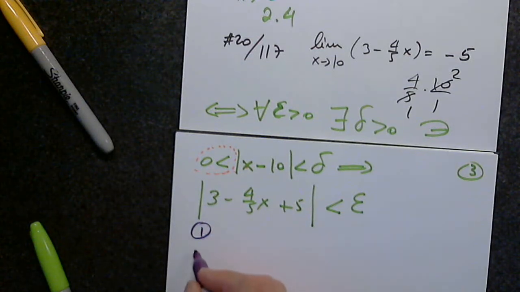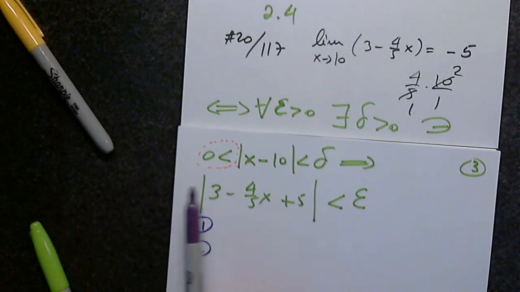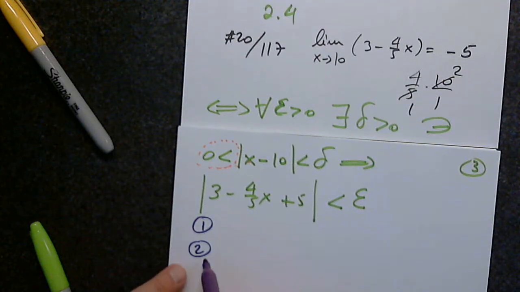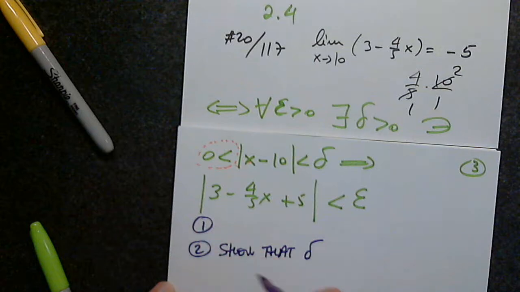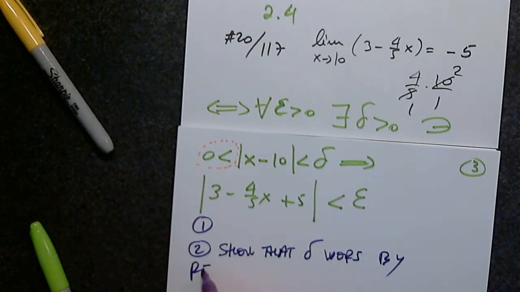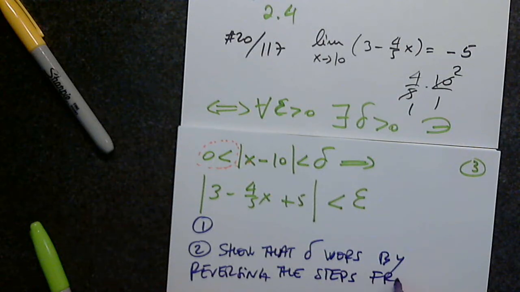And we have 2 steps. We have to try to prove each direction. I'm going to write the second half of the proof. I don't ask you to do anything. I just want you to say that delta found in step 1 works by reversing the steps from part 1.